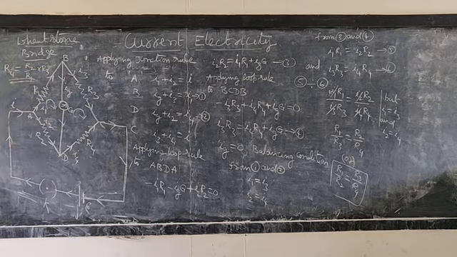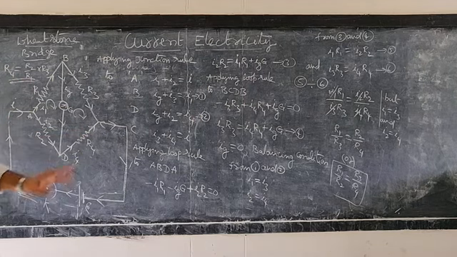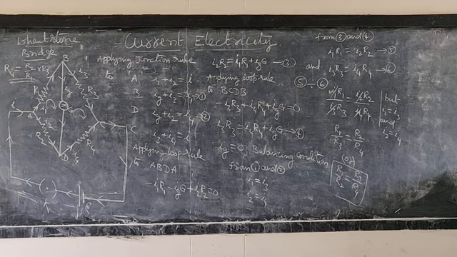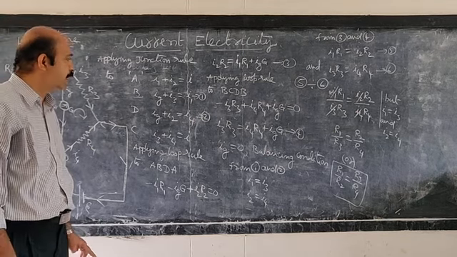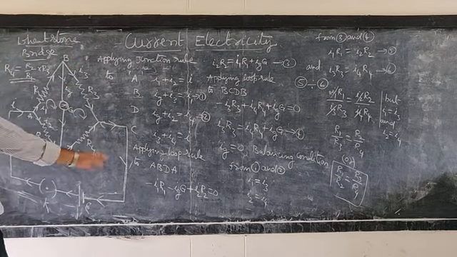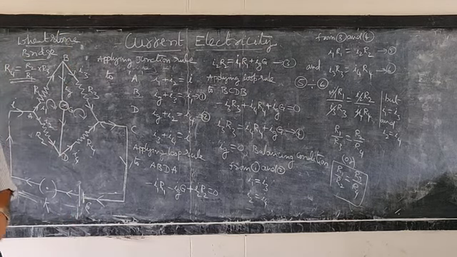So by balancing the bridge, if you know any three of the resistors, the fourth one can be calculated. That is the application of Kirchhoff's law to the Wheatstone bridge.